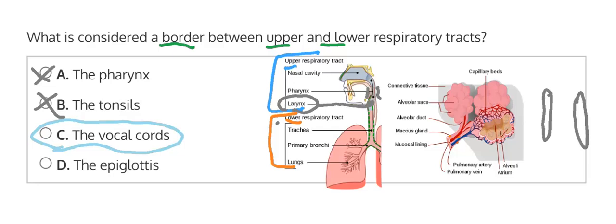And this would be located right over the larynx. And it might be hard to see. It's this little flap right there. So it'd be right before the larynx. So close to the border, but not exactly the border itself. So we can eliminate option D, the epiglottis. The vocal cords or the larynx would be your best answer of what is the border separating the upper and lower respiratory tracts.